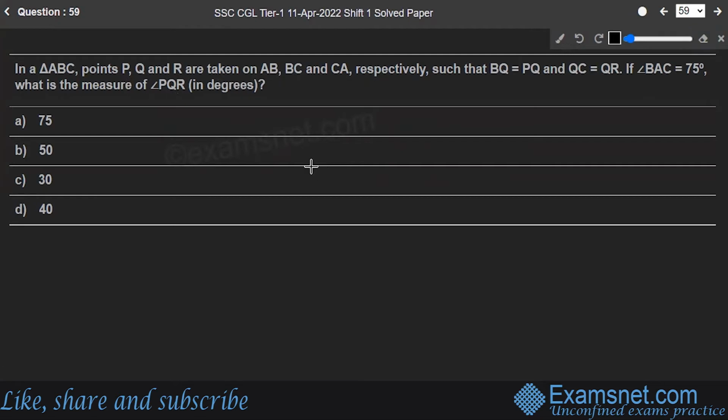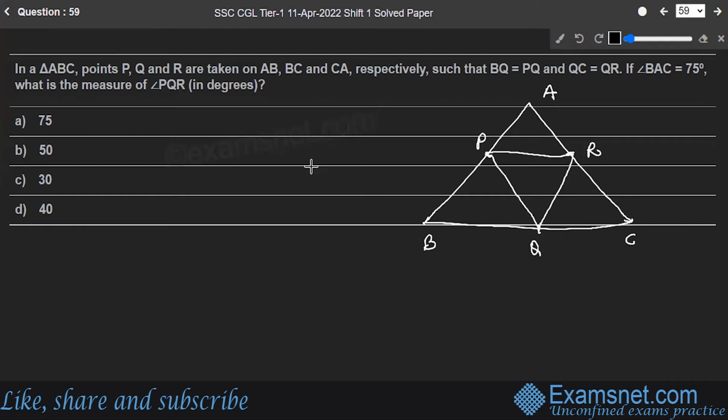Let's make a figure first of all for this. Here's a triangle, this is the triangle ABC. Here is the point P, here is the point R, here's the point Q. Now you are given that BQ and PQ are equal, these two lines are equal.